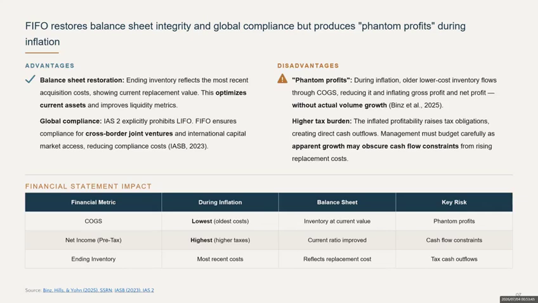Such inflated profits directly increase corporate tax liabilities and generate additional cash outflows, and management must therefore develop robust cash flow strategies to prevent financial strain caused by rising replacement costs being masked by paper profit growth.